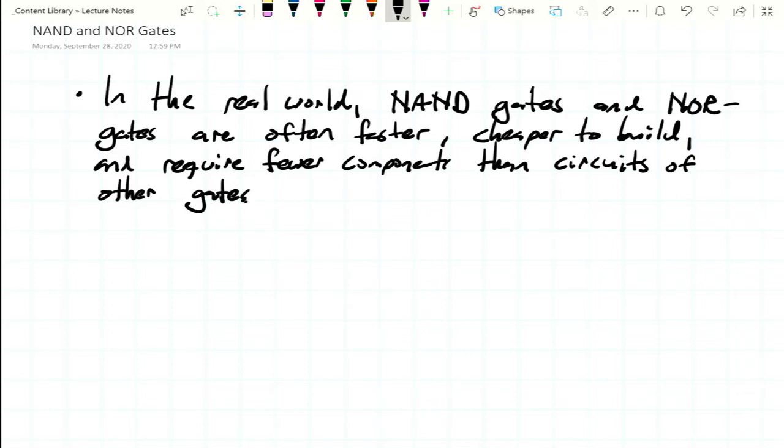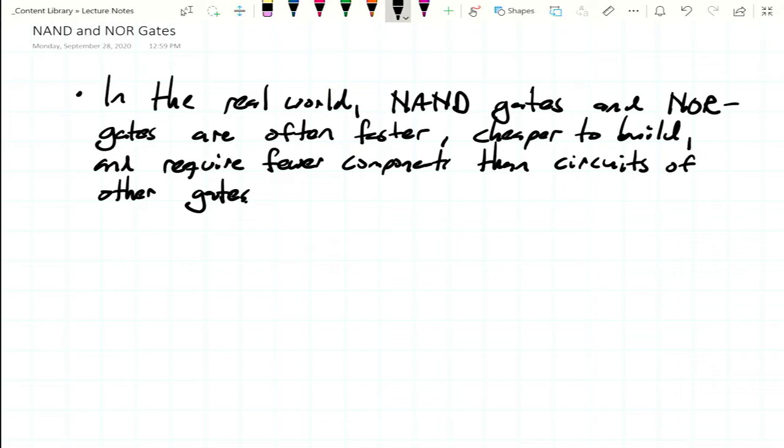They operate a lot faster, they're cheaper to build, and they require fewer transistors, resistors, diodes, that sort of thing, to build than circuits of other gates, like AND gates or OR gates.